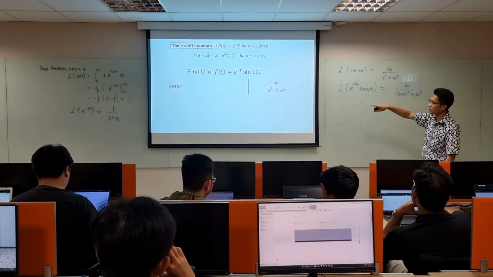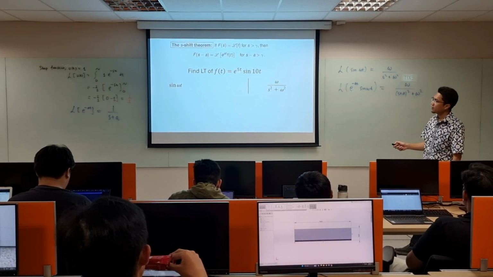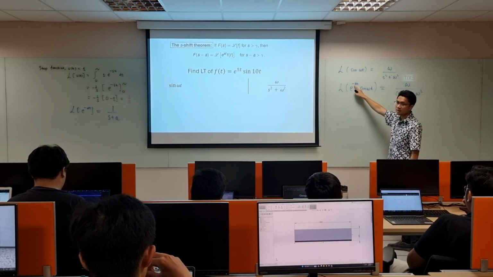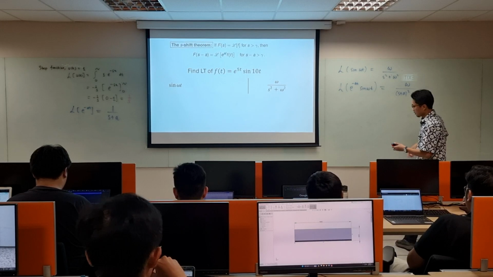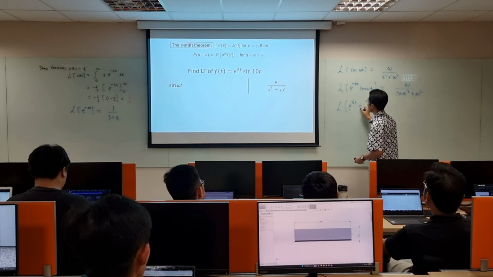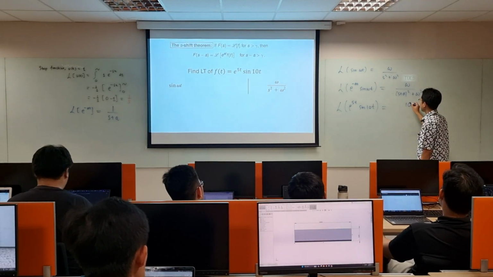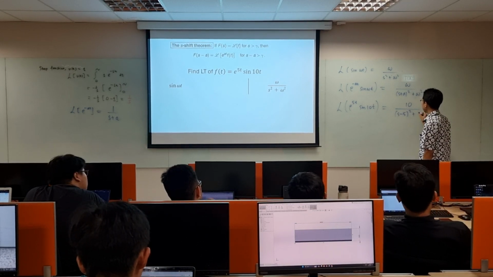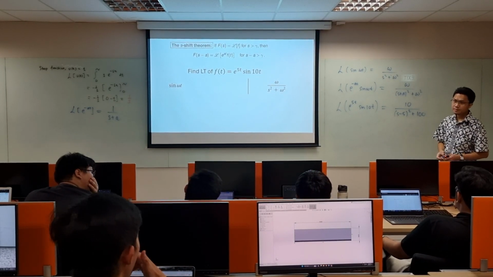If it is plus instead of minus, then you put a minus sign. So if we have the Laplace transform of e to the 5t times sine of t, the result is just sine over s minus 5 squared plus 100. Any question?